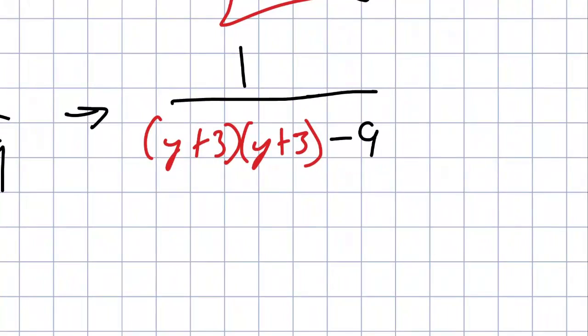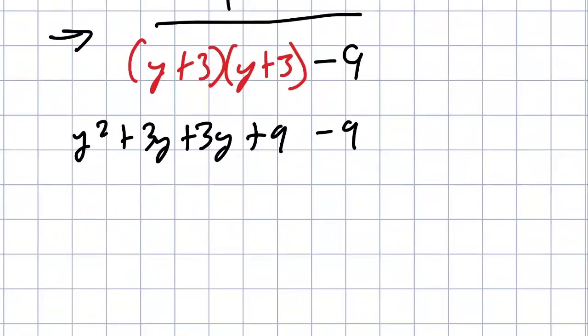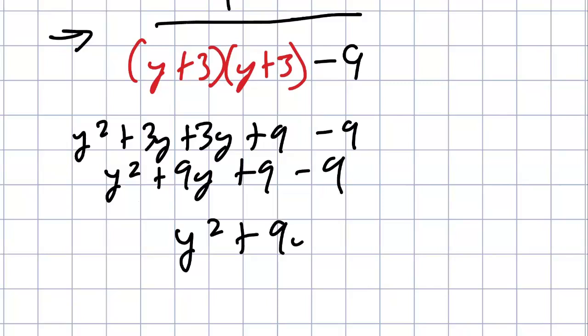So you just use the distributive property: y squared plus 3y plus 3y plus 9. Combine like terms: y squared plus 9y plus 9 minus 9. Simplify it, y squared plus 9y, because positive 9 and negative 9 cancel.